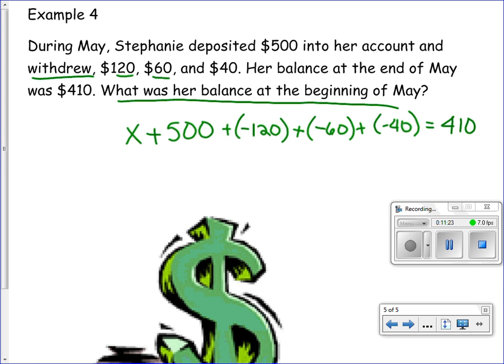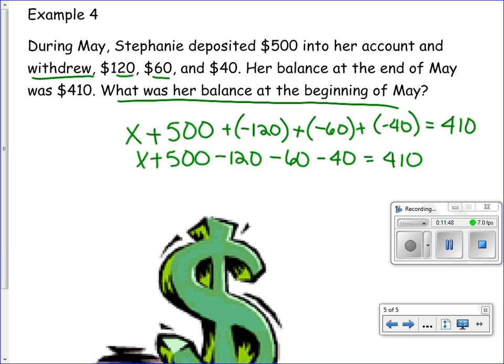Now, you can change this problem like such. Now you can simplify the left-hand side. Who can simplify and tell me what the left-hand side should be when I combine my like terms?